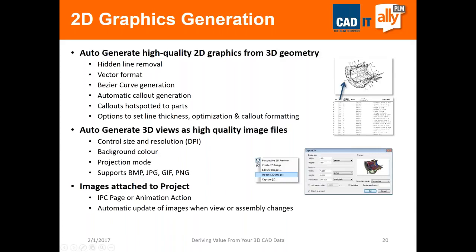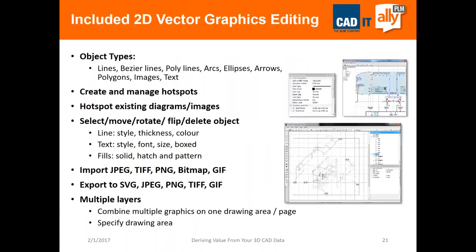You can also capture images, or if you have high-end JPEGs with photorealistic rendering, factory environments and things you wanted to put in as a front page, or other images, you can bring those into the project pretty easily.